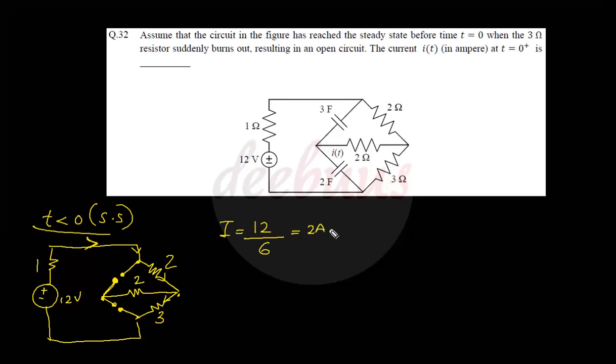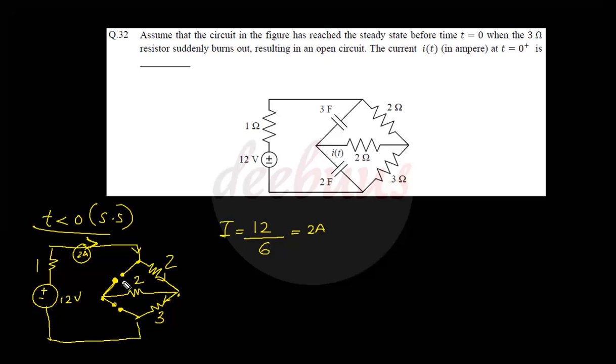That is 2 ampere current actually flowing in this circuit. Another point to note is the current flowing will not enter this 2 ohm as it is open circuited. So the complete 2 ampere current flows through this 2 ohm next to this 3 ohm and completes the circuit.